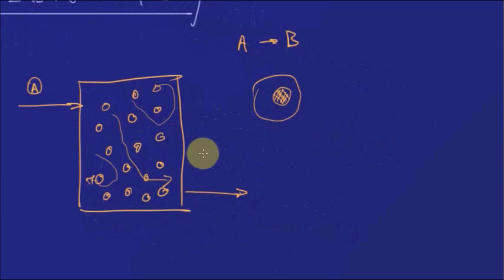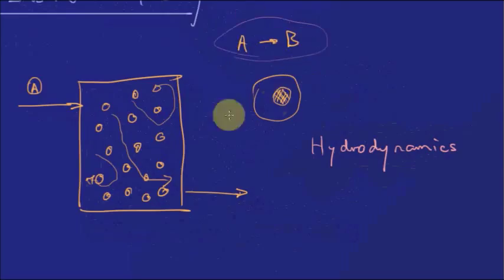So that's the idea of hydrodynamics. So hydrodynamics is going to affect the time spent by our fluid elements in there. And then the other thing we discussed was this reaction that's happening in the individual elements. So the kinetics behind the reaction rate, that's also going to determine the overall rate of conversion there. So we have kinetics and hydrodynamics.